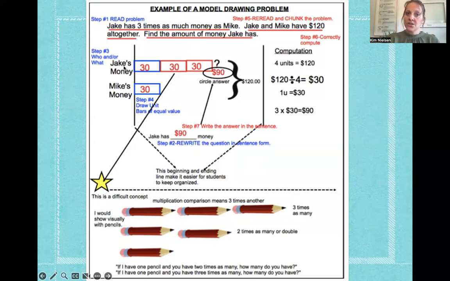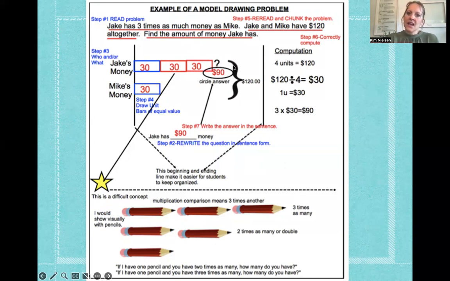So I know Jake has 3 times as much money as Mike. So how can I pictorially represent that? I'm going to use these bars, right? So Mike has kind of 1 bar, and then Jake has 3 times, so I can do 3 bars, okay?